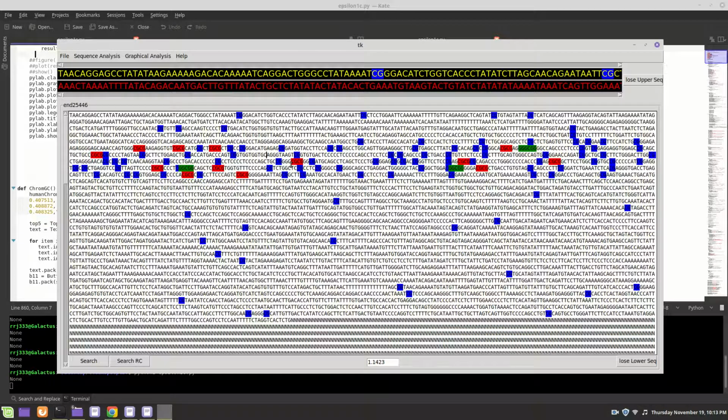start sites. And if you're trying to study how this is regulated, it might be interesting to know that, oh, it could start here, it could start here, it could start there, and all of those different places might alter, for instance, the splicing later on in the sequence. So if you start up here, you may splice a certain way. If you start down here, you splice a different way.